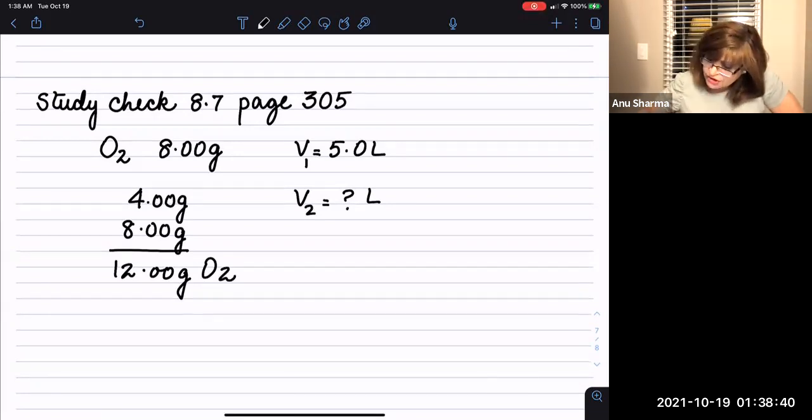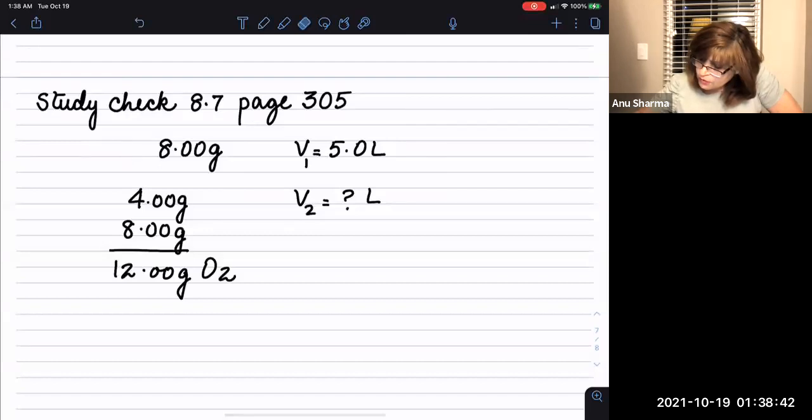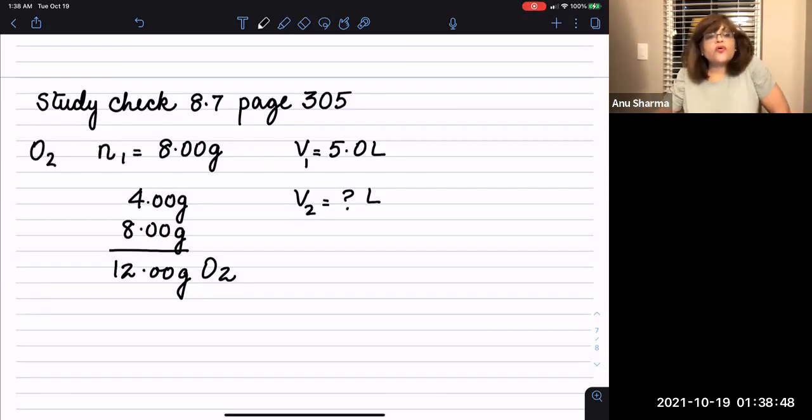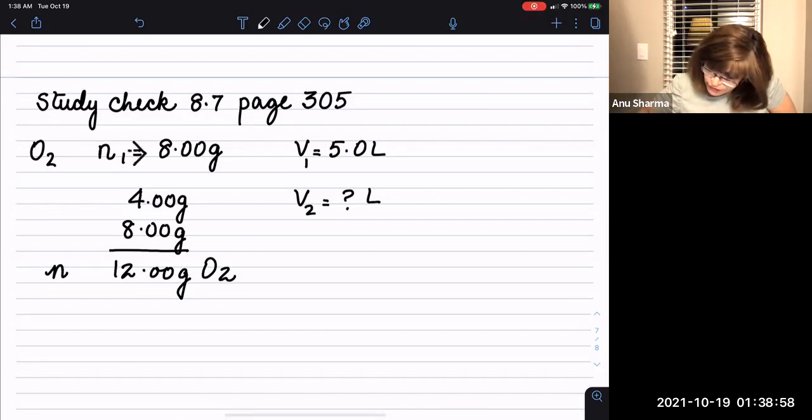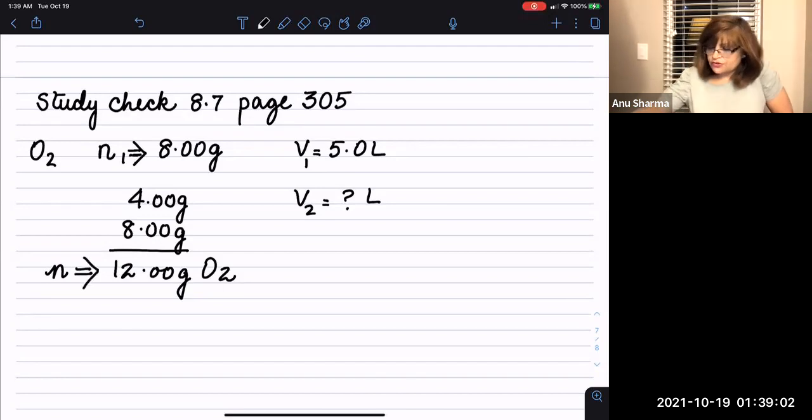So this is the initial volume, and this is the initial moles of oxygen. 8 grams of oxygen is occupying 5.0 liters. So 12 grams is now N2. This is not actually the moles, but you will have to convert them to moles.